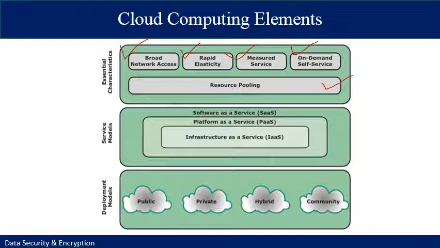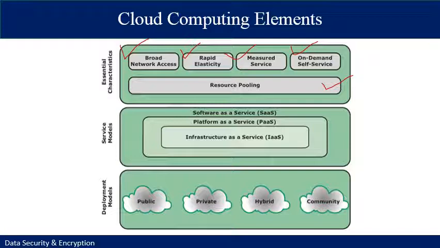There is a degree of location independence in that the customer generally has no control or knowledge of the exact location of the provided resources, but may be able to specify location at a high level of abstraction, for example, country, state, or data center. Examples of resources include storage, processing, memory, network bandwidth, and virtual machines. Even private clouds tend to pool resources between different parts of the same organization.